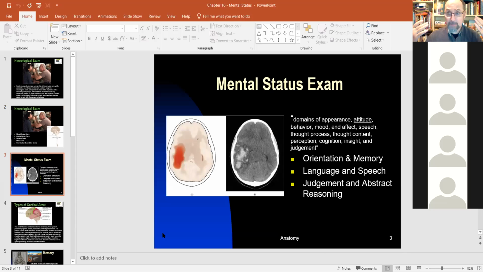To understand speech, you need parts of your temporal lobe, and then to form speech, you need those temporal lobe regions to communicate with frontal lobe areas. And sometimes those speech things are also going to be stored in other parts of the brain. And then some of those executive function areas from the frontal lobe, judgment and abstract reasoning, are assessed in the mental status exam.